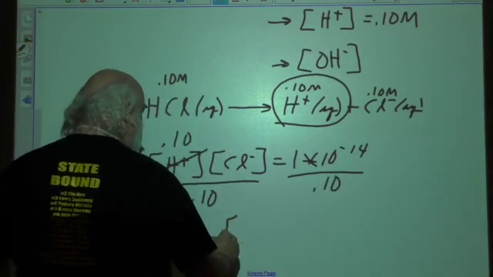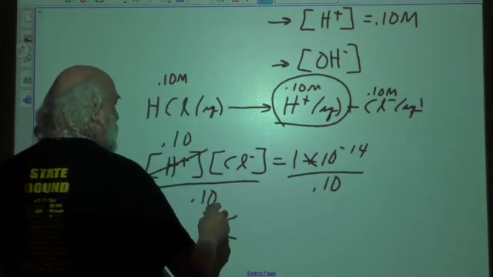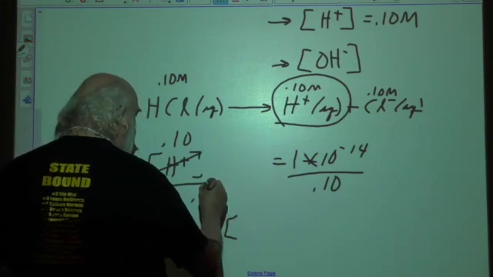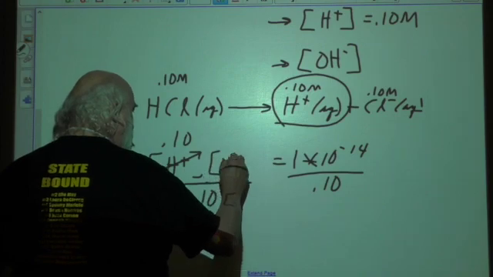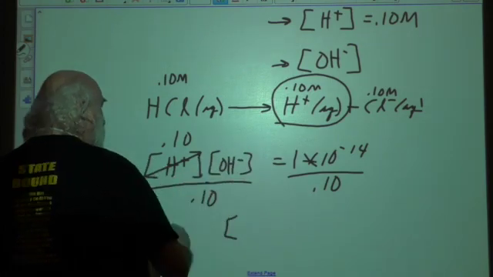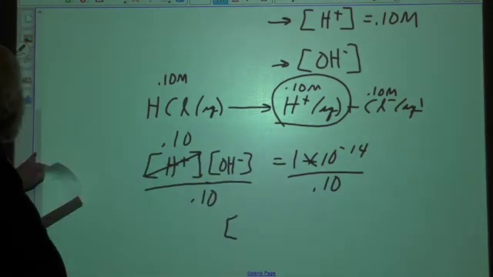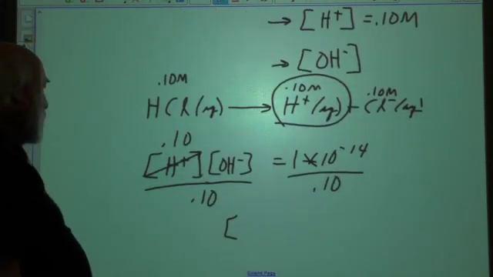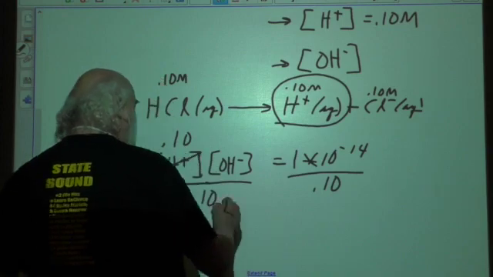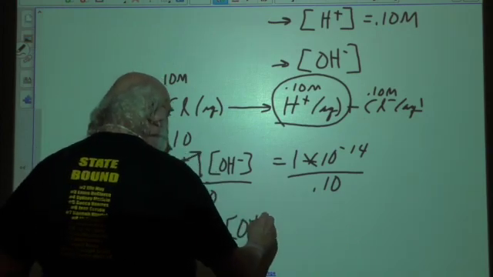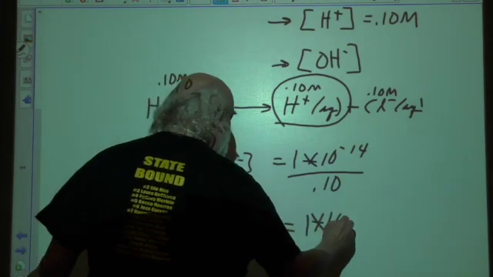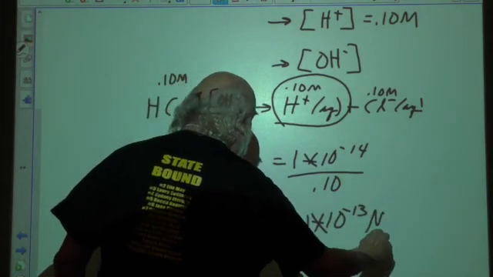I'm sorry, that's supposed to be OH right there, using the water one, not the HCl one. The water is the one that has the 1 times 10 to the negative 14. So, divide by 0.10, that's going to leave me the concentration of hydroxide. You divide that out, get 1 times 10 to the negative 13 moles per liter.